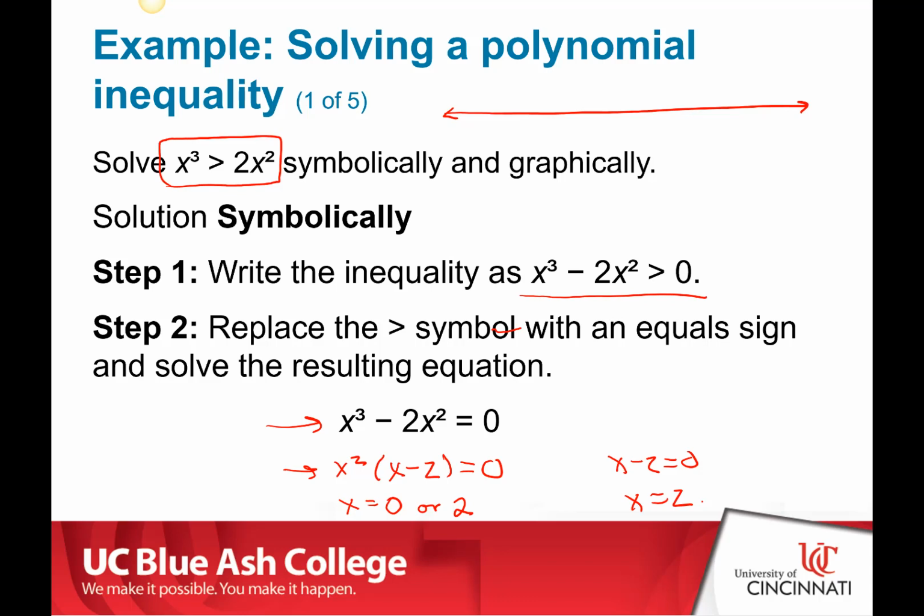Okay, so what am I going to do with these two numbers? Well, up here on this number line, I'm going to put 0, and I'm going to put 2. And now I'm going to do a test. This is only a test. I'm going to check and see what happens over in this area.